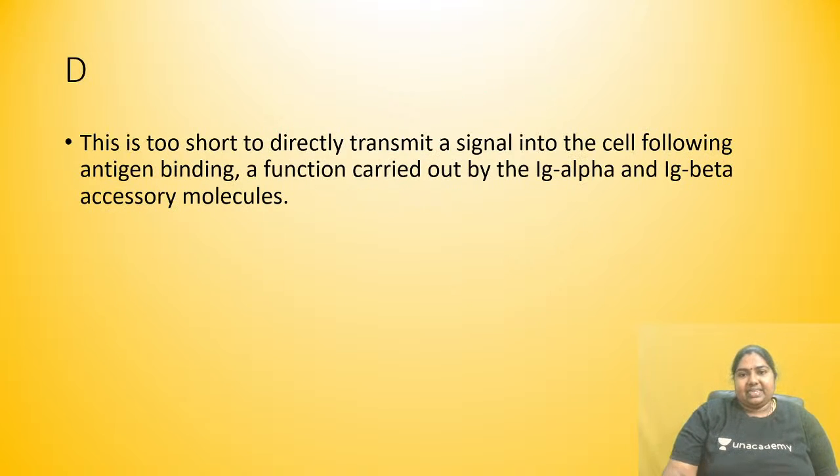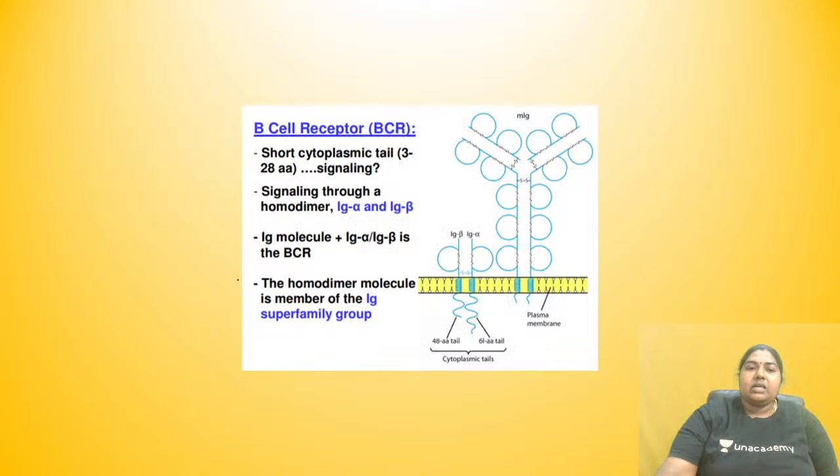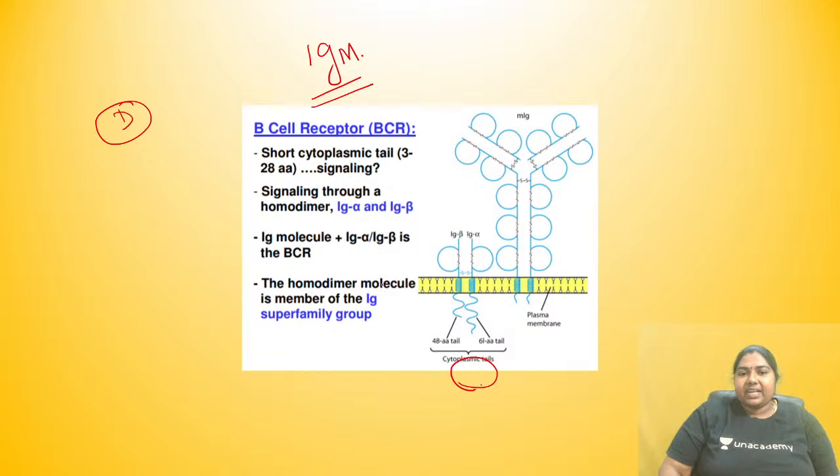If you take these cytoplasmic tails, they have very, very short tails, especially this IgM. The answer is D. This IgM has a very short tail, only 3 amino acids.